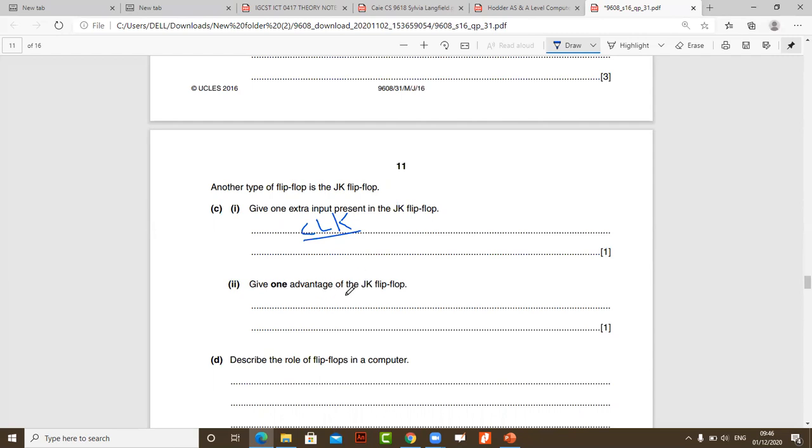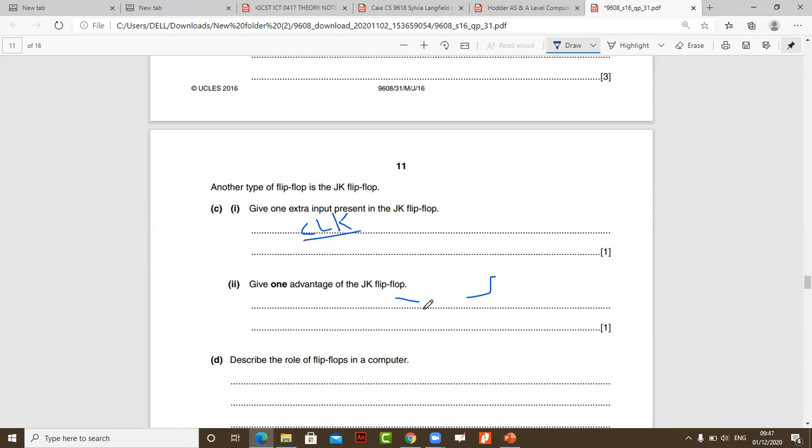Give one advantage of JK flip flop. Tell me, what is the advantage of a JK flip flop? With the help of JK flip-flop, we will be able to avoid the unstable state.